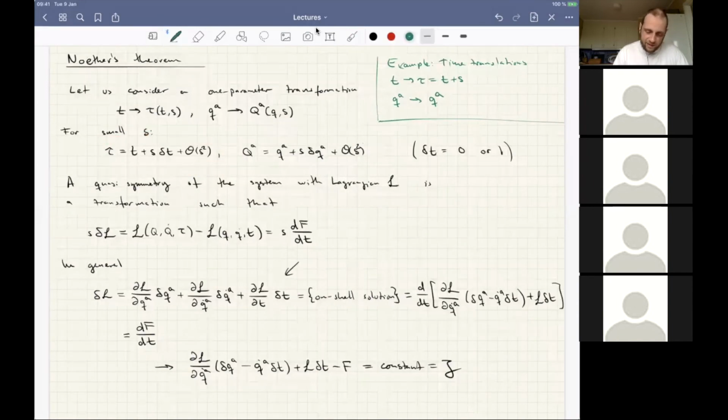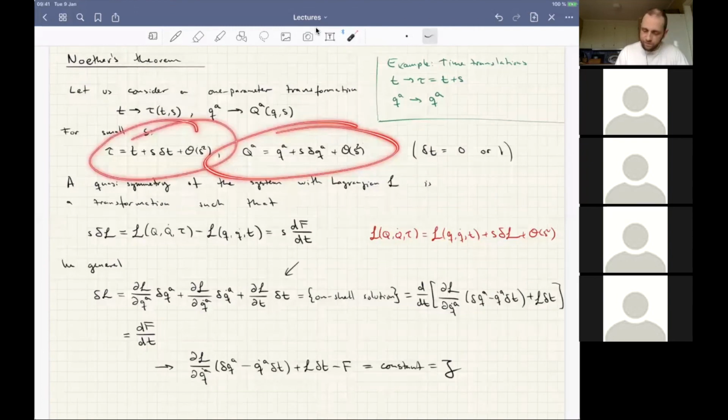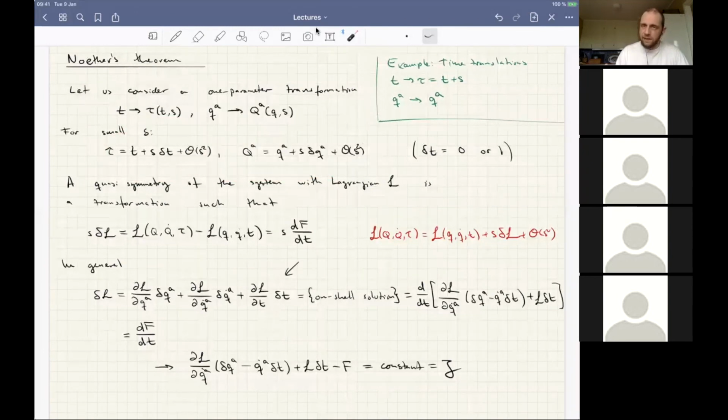Basically, what I'm saying is that L of q dot tau is L of q dot t plus S delta L plus higher order terms. So in some sense, it's the same as these expressions. Just that delta L is then what multiplies S in the linear term.